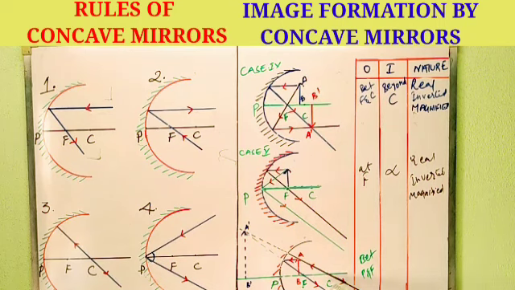So there is no chance of meeting if you extend the reflected rays in this direction. But if you extend the reflected rays behind the mirror, they appear to meet.